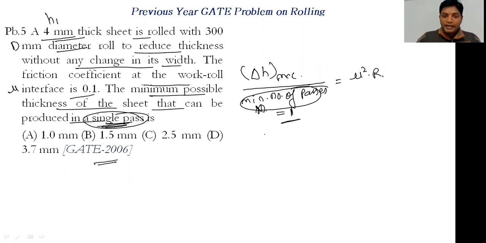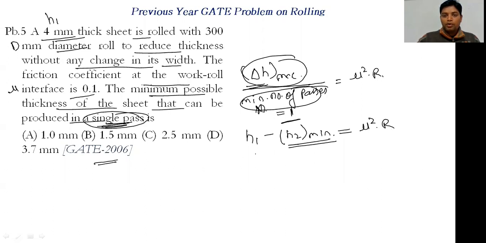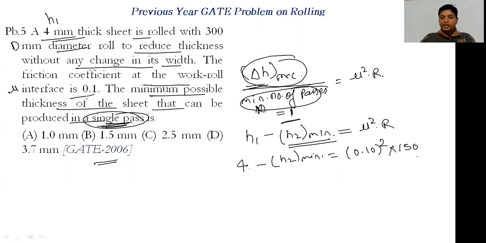So delta H will be equal to H1 minus H2. The draft is maximum when the initial value, which we have to keep in mind is constant, and H2 is as small as possible. When this is minimum, only then will this be maximum. So this will be equal to mu square into R upon 1, but I am not showing the division by 1. Just put the values: H1, that is 4, minus H2 minimum, is equal to mu square, that is 0.10 square, into R. Here the diameter is given as 300, so R will be 300 by 2, that is 150.